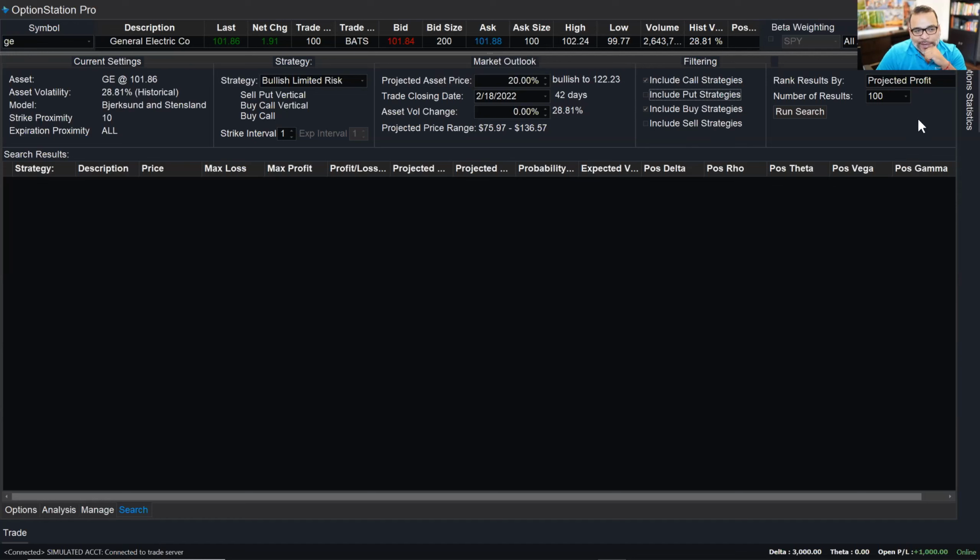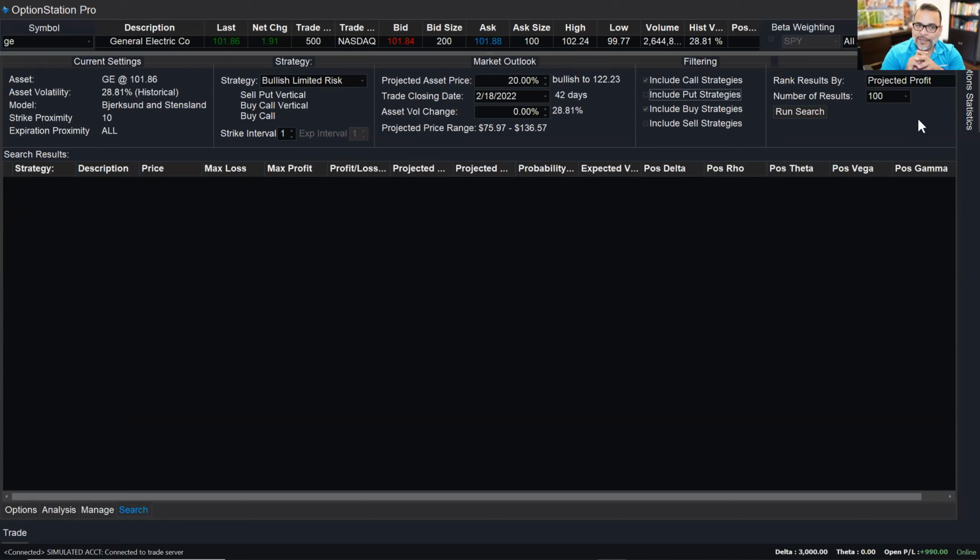Right here on the far right, you have to tell the search what it is you're searching. What is your fitness criteria? What is it that you want to base your search on? The default is projected profit. It's looking for the options positions that would provide the most projected profit based on your market outlook.